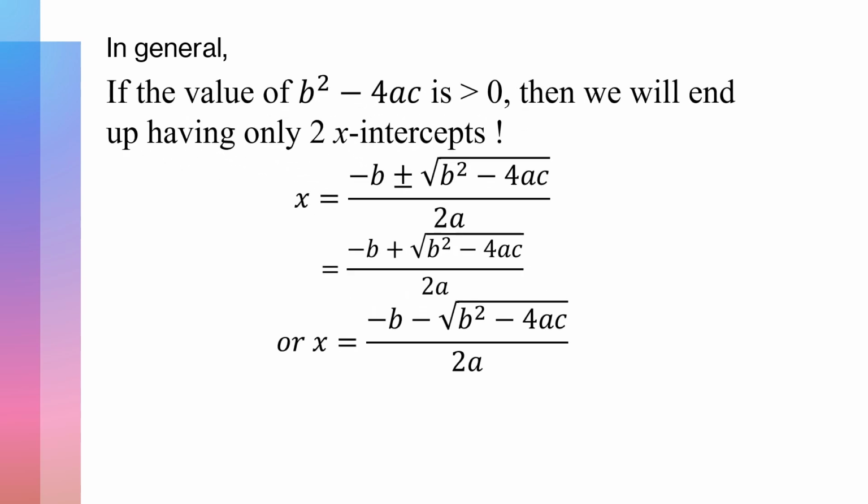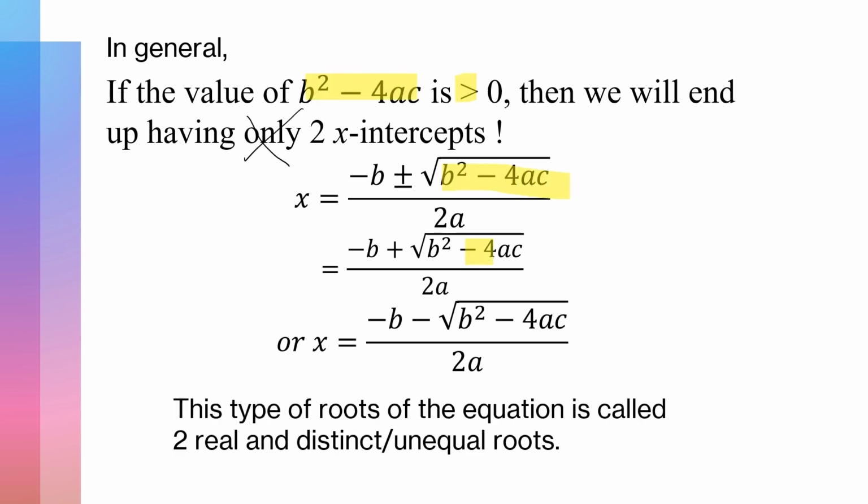The conclusion we can make here is if the value of your b squared minus 4ac is more than 0, that means if it's a positive value, you will end up having two x-intercepts. Oh, sorry, there's no 'only' there, just cancel off the 'only'.